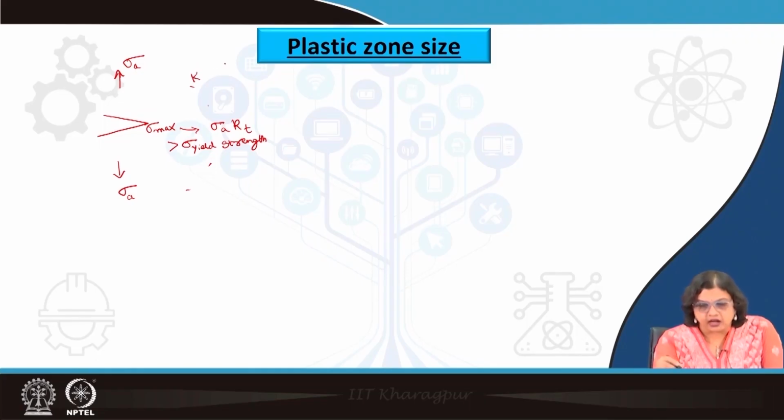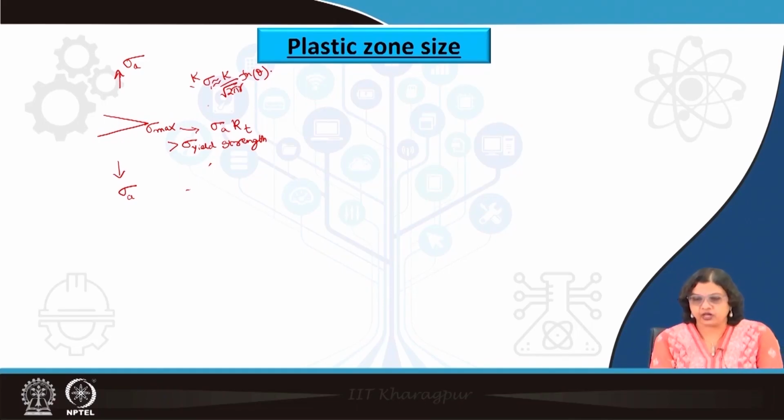And the stress condition is dependent on this K; both sigma and tau are related to K by root over 2 pi r and a function of theta, sin theta, cos theta, etc. So, essentially sigma is related to K by root over 2 pi r.